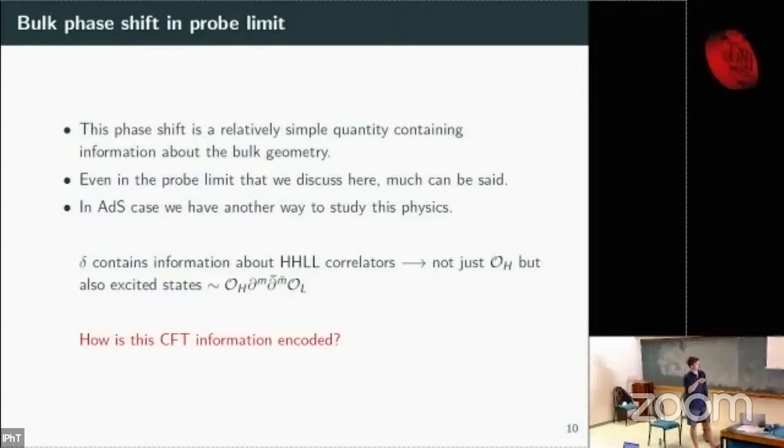Although you might first guess that this delta contains information about the heavy object in the center, actually it knows a lot more than that, and I'm going to schematically write it in CFT notation. It knows about the bound states. It knows about the excited spectrum on top of the microstates. So the first question when you're starting a new idea like this is, what is the dictionary? How is information coded? It's likely to be complicated until you know the math.